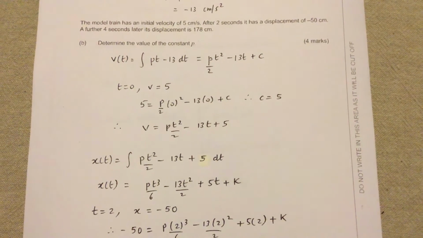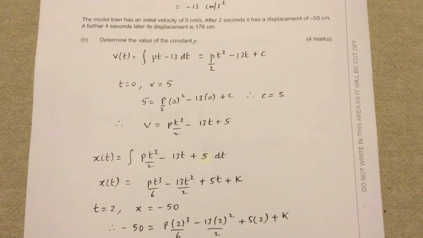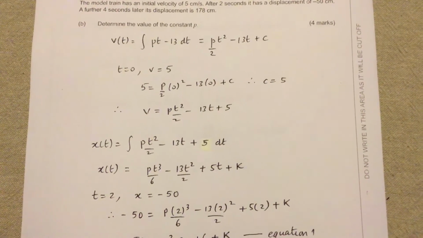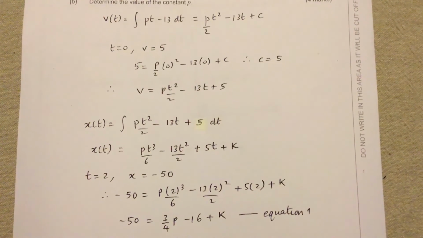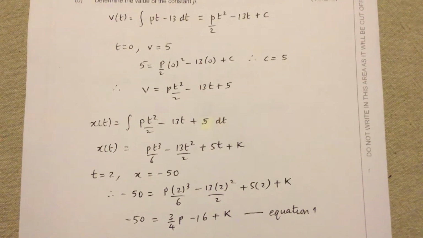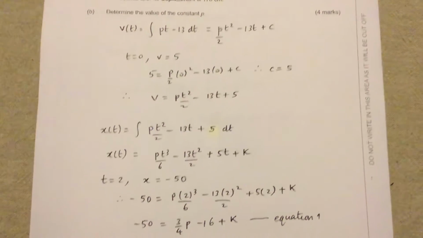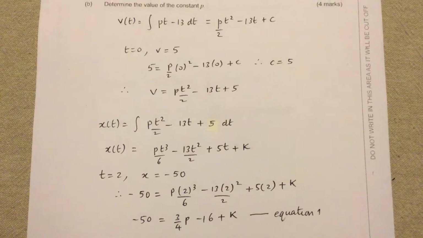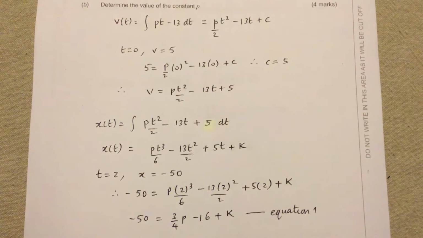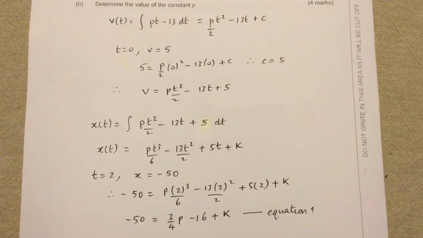Now after 2 seconds it has a displacement of negative 50, so we replace t by 2, x by negative 50, and then since it's Calculus Active, you can just simplify this on your calculator, which gives you equation number 1, which is negative 50 equals 3/4 p take 16 plus k.